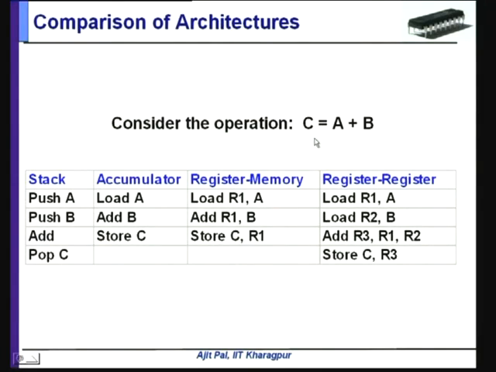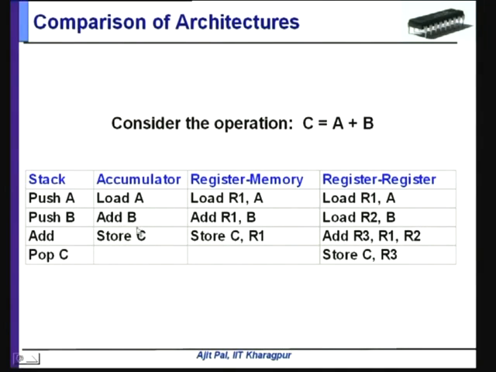Consider you have to perform this simple processing: C is equal to A plus B. In case of a stack machine, these will be the four instructions: push A, push B, add, and pop C. Then in case of accumulator based machines, first you load the accumulator from the memory, then you add, where one operand is taken from the accumulator and the second operand is from the memory, and the result is stored in the accumulator.